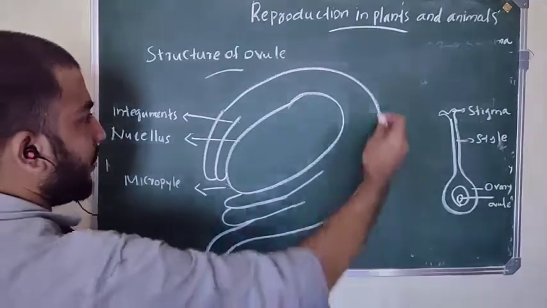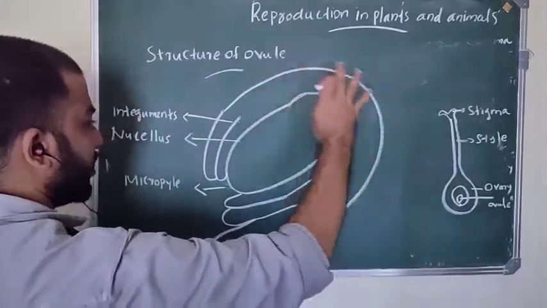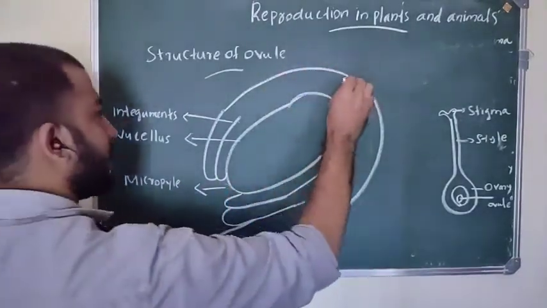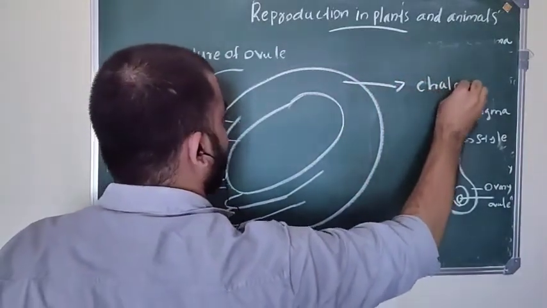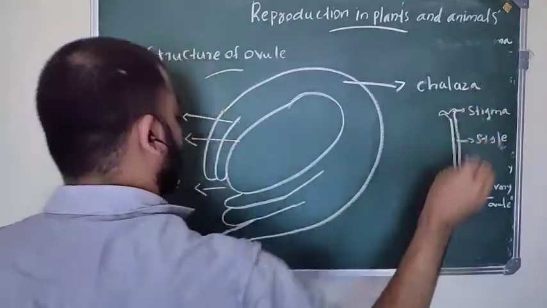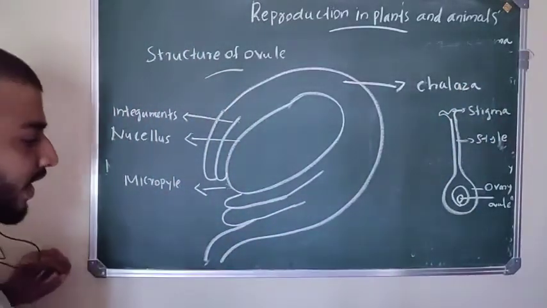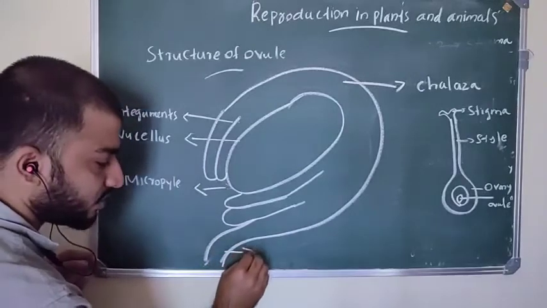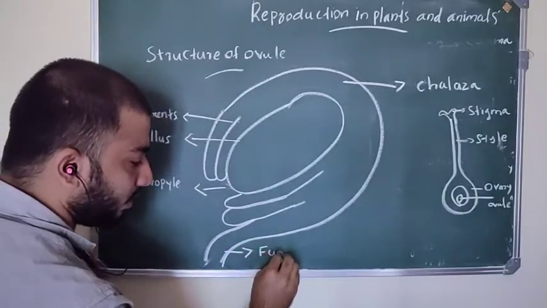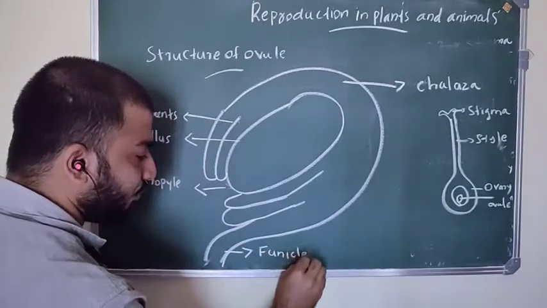Okay. The complete structure is the ovule. The basal part of the ovule is called the chalaza. And here you can see a stalk-like structure. This stalk-like structure is called the funicle. What is the funicle?